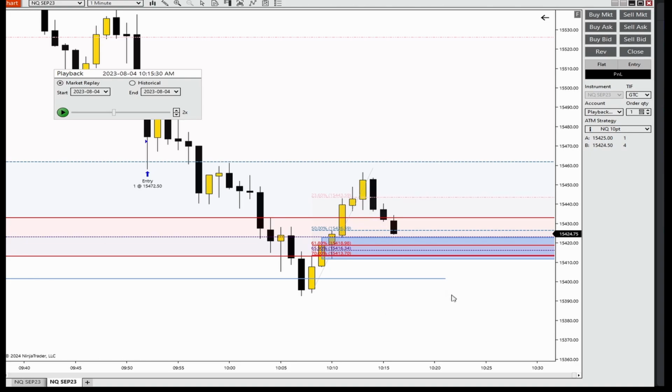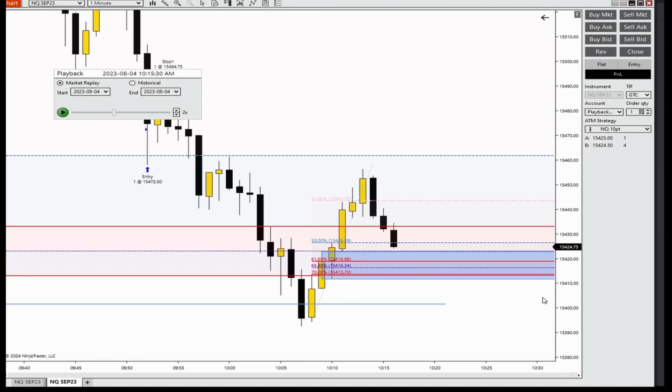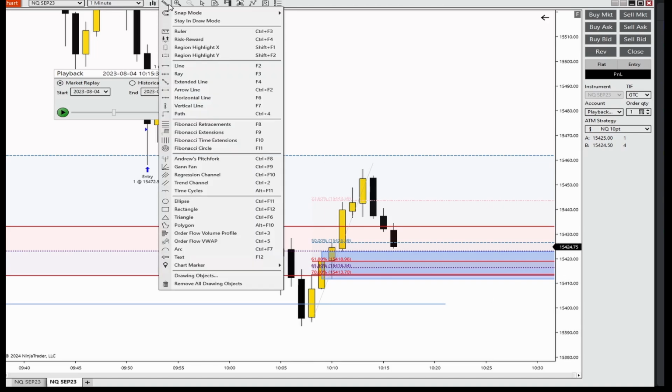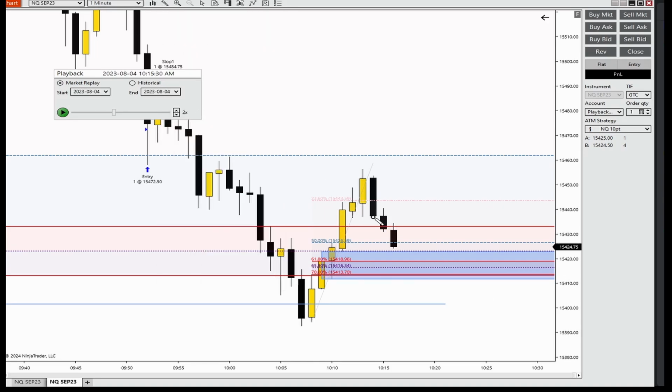What are we looking for? What's our A plus? Our A plus is inducement. We get buying, ideally something like this, and then we sweep them out and we go. Right? That buying typically will not create a valid low.